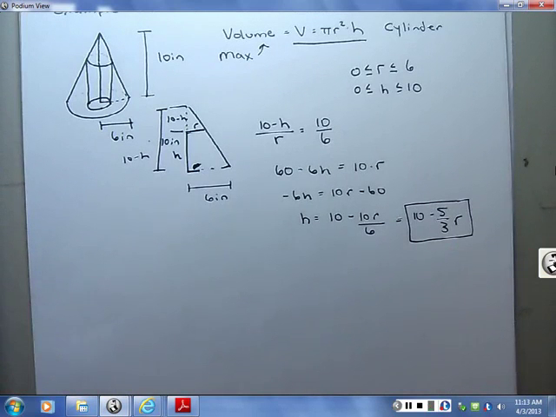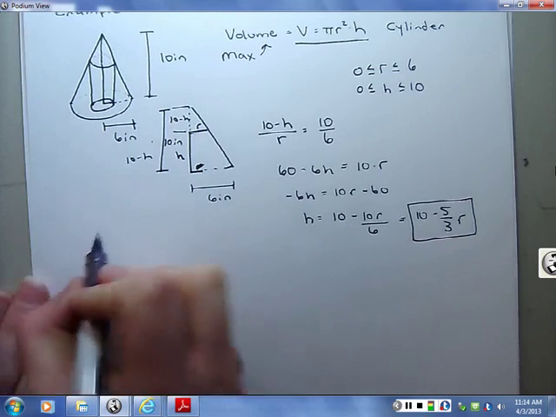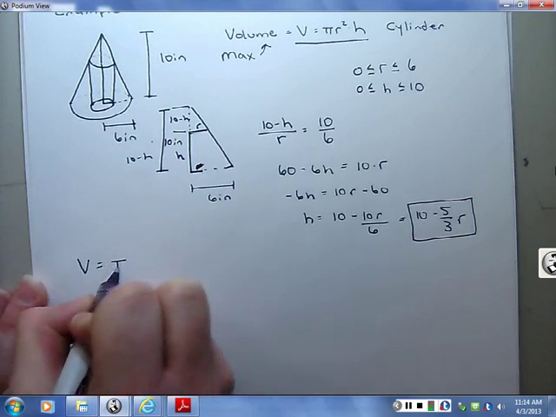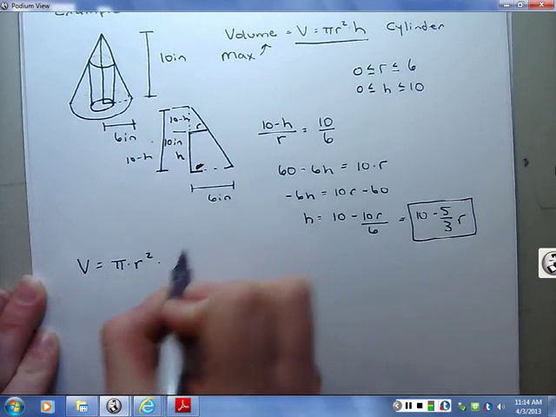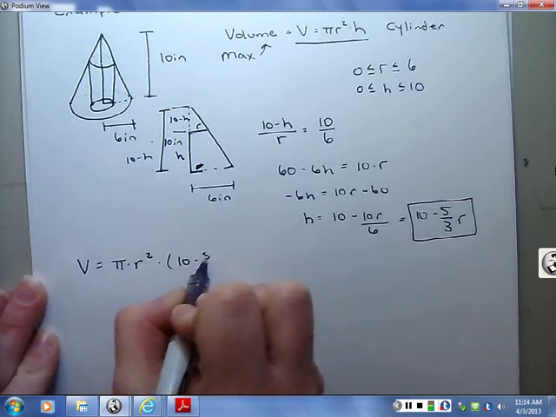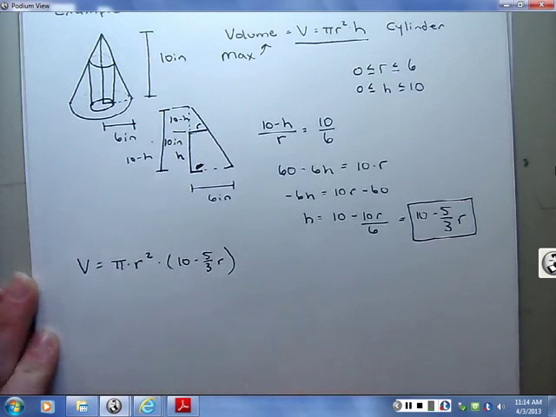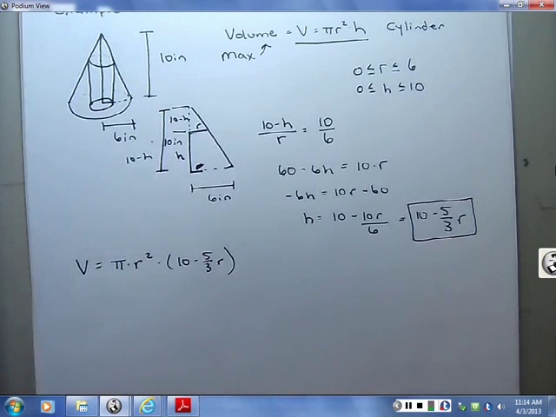At that point, you've really done the majority of the work. The majority of the calculus. Well, the majority of the setup. You haven't got to the calculus yet. So now my volume is going to be pi times r squared times 10 minus 5 over 3 r, because that's h in terms of r.